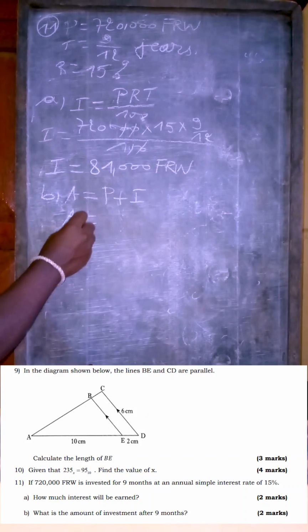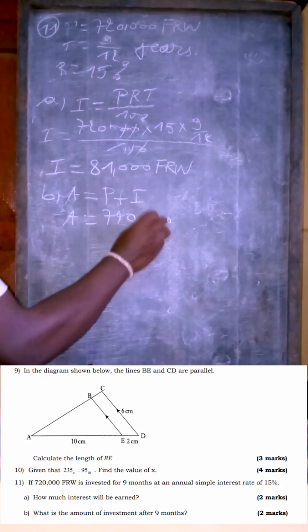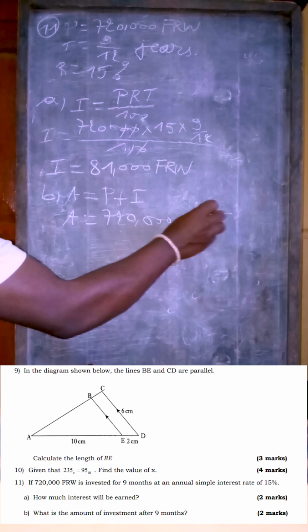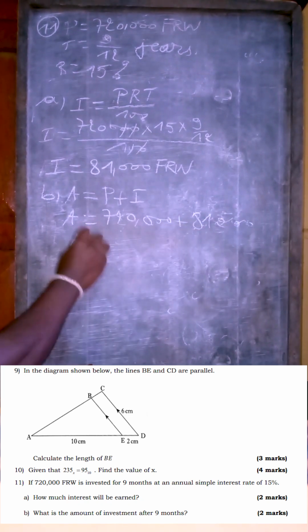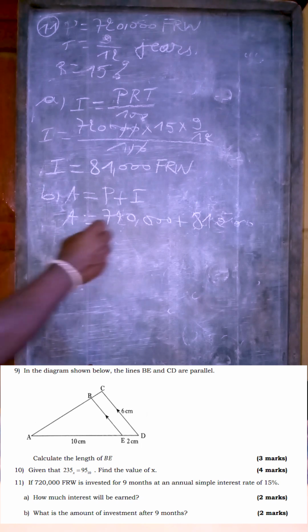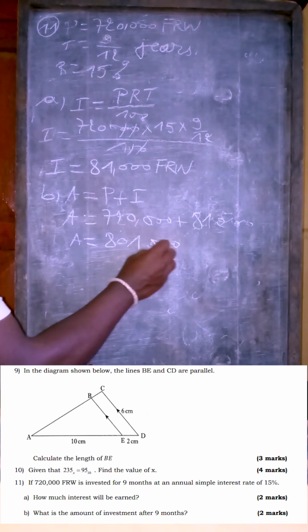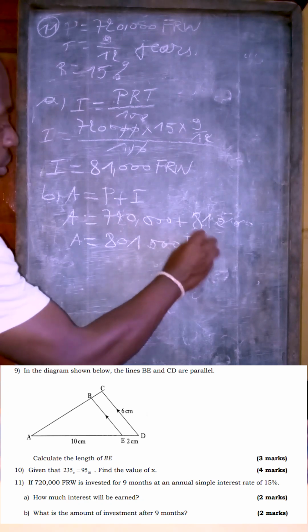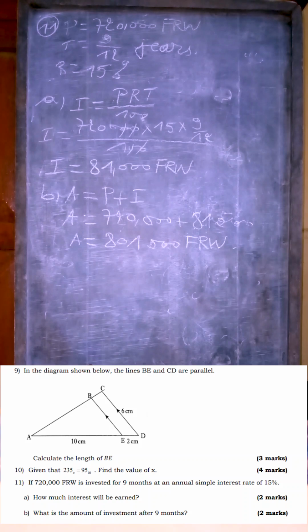And then A is equal to our principal 720,000 plus this interest 81,000, and A is equal to, let us use the calculator, 801,000 francs. This is the solution we were asked to get.